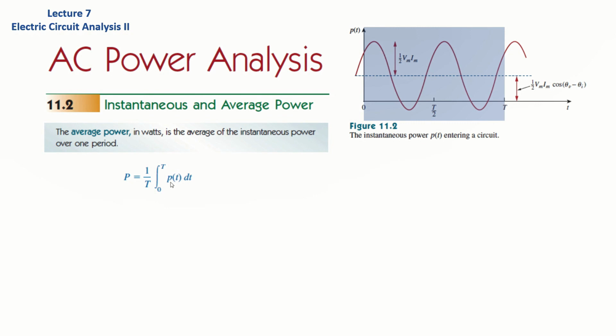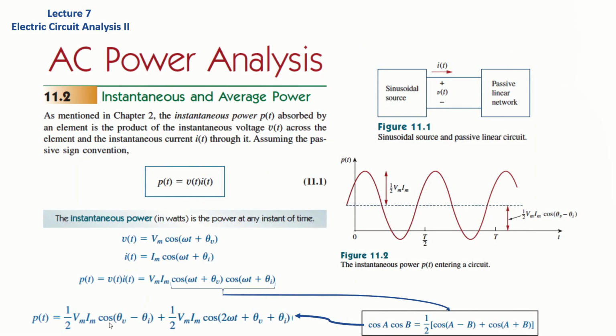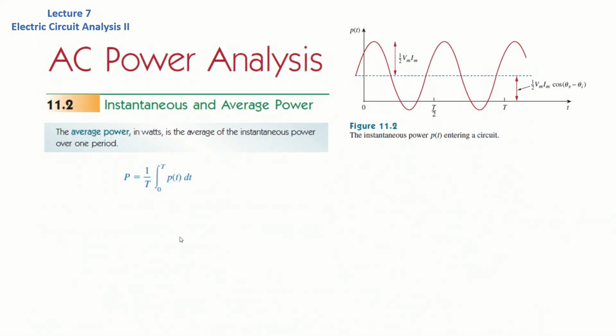Once we obtain the power delivered by the source in the interval from 0 to T, we can then divide this power by the time period to obtain the average power, capital P. So we have this power p of t. We calculated this here in this expression, so we take this expression and we put it here.